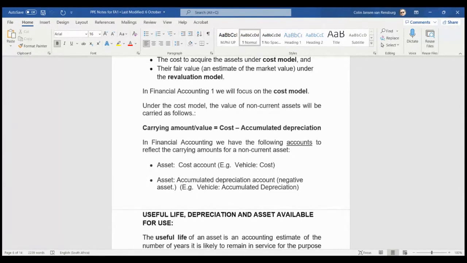What you will normally do, you will create a specific kind of account, such as vehicles, and then you will create sub-accounts for it. Even if we go maybe one step higher, you will have a whole set of accounts that deal with your property, plant, and equipment, right? And then under your property, plant, and equipment accounts, you will have the various categories, cost accounts, many of them.